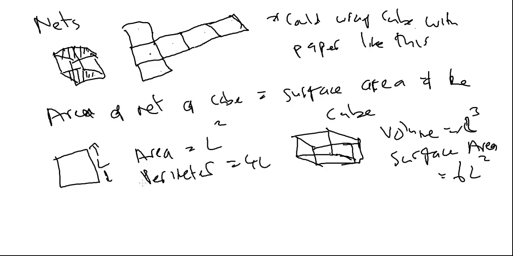The cube is the easiest thing in a way, but say you had a Toblerone-shaped object like this.